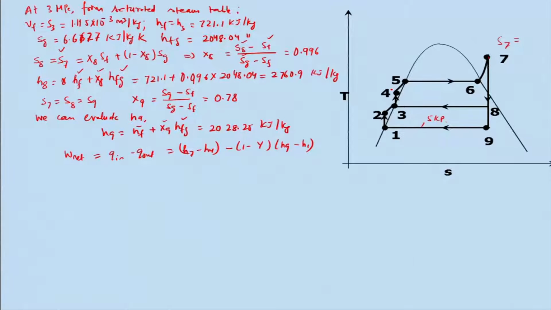This is one way. There is another way also you can do. I can do it this way, basically W turbine minus W pump. That means, in this case, 2 pumps are there, so we will have to add W P plus W 2 P. Similarly, for the high pressure turbine and low pressure turbine, you will have to do all those things, but this will be a little simpler way.